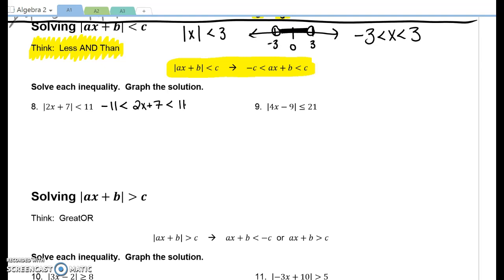And then we would solve. Do you remember how to solve this kind of inequality from, what was that, Wednesday? What would we do? Subtract 7. So -18 is less than 2x is less than 4.